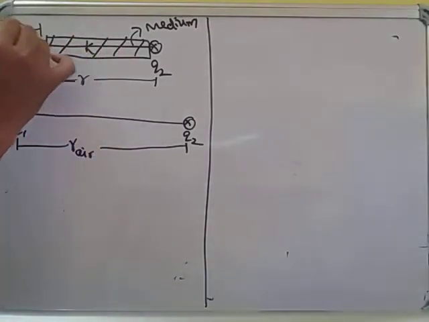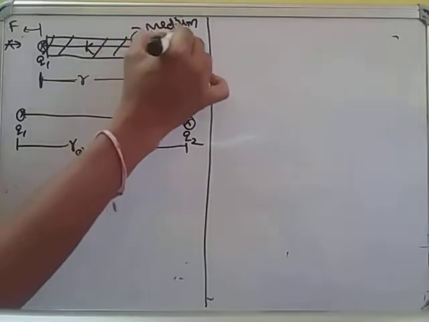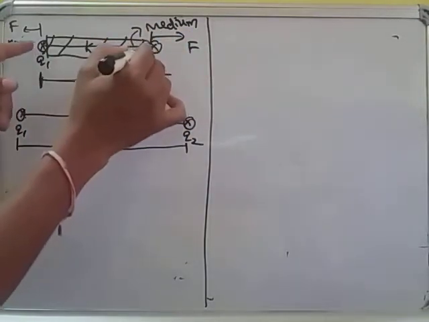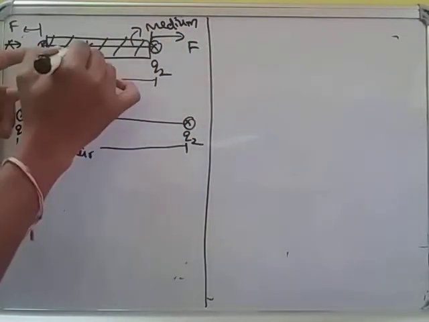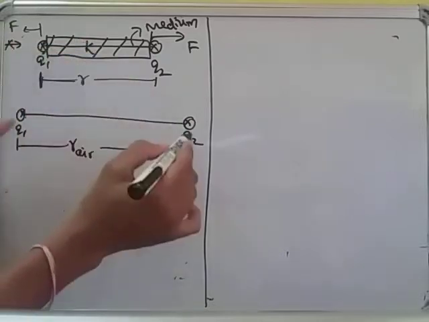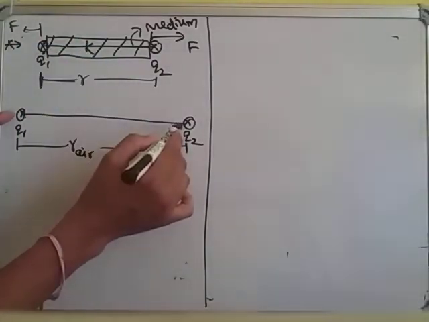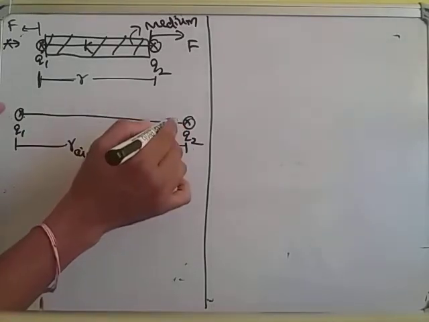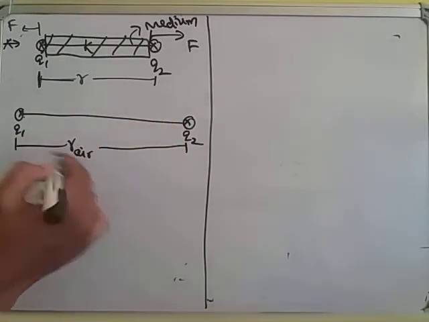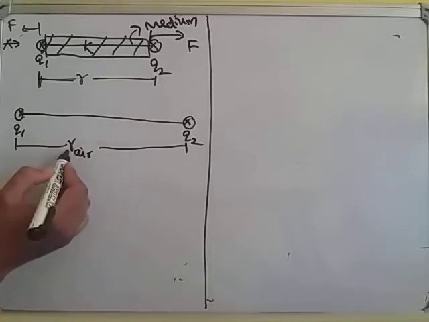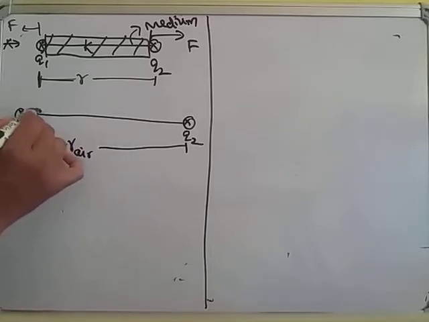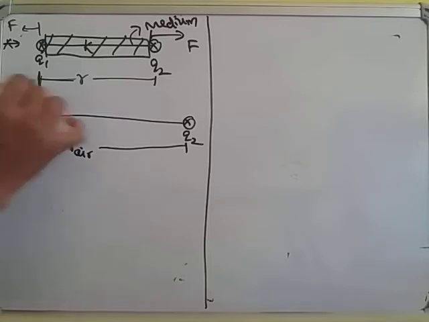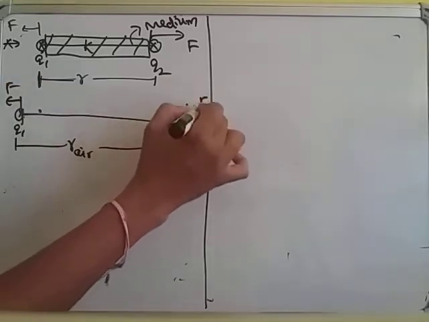For example, here the force F is acting on the two charges q1 q2 in the medium of dielectric constant K, but to get the same force, at what distance do we have to keep the two charges in air? That equivalent distance in air I want to calculate. Here in the two situations the force is the same.